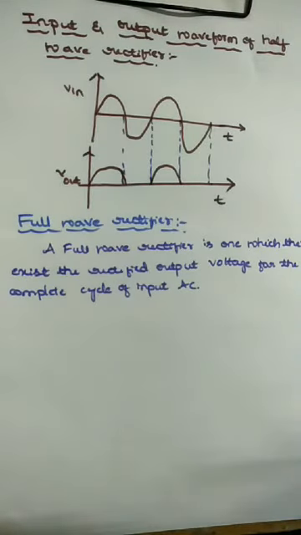So this is the definition of the full wave rectifier. A full wave rectifier is one in which there exists a rectified output voltage for the complete cycle of the input AC, that is the alternating current.